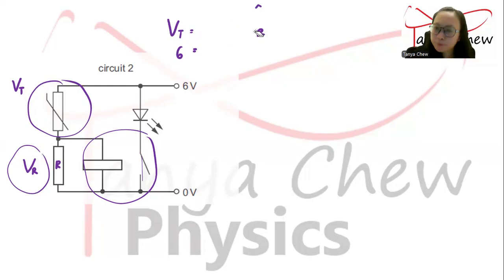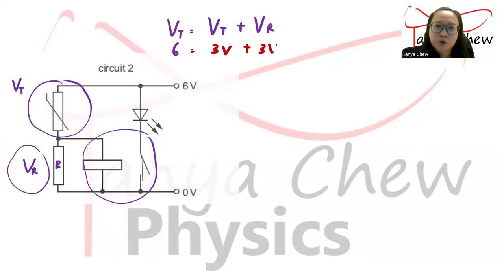Imagine I put in numbers so that you can understand better. Initially, 6 volt is shared by the thermistor and the fixed resistor. Let's say the PD across the thermistor is 3 volt, and the PD across the fixed resistor is also 3 volt. So 3 plus 3 is equal to 6 volt.